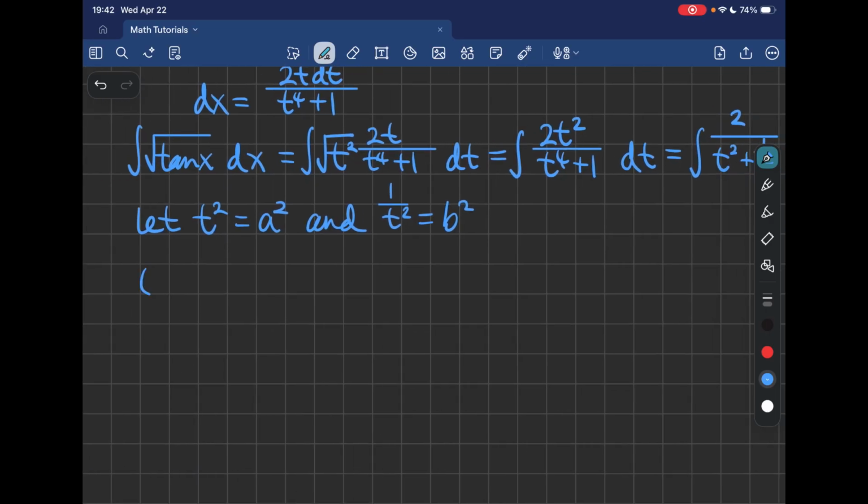What can we remember from a squared plus b squared? Well, if we have a plus b to the power of 2 minus 2ab, that just gives us a squared plus b squared, because we got rid of the 2ab inside.